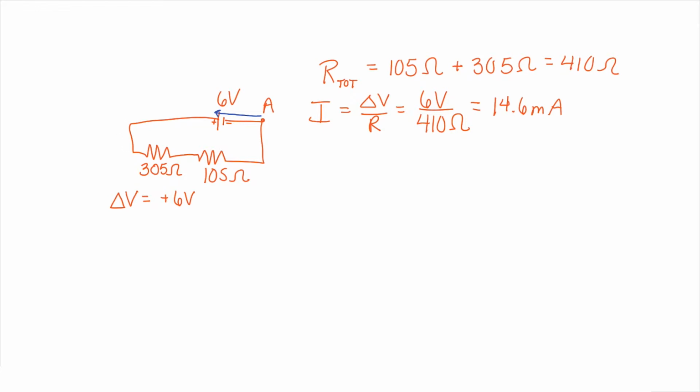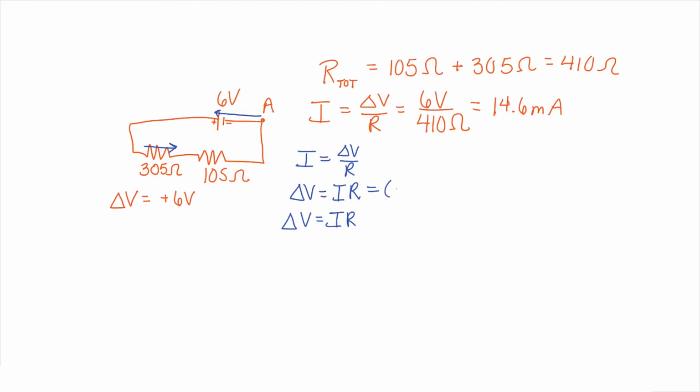And then as we continue, we're going to go across this resistor. When we go from the negative to the positive terminal of the battery, that's an increase of potential. So we get a potential difference of positive 6 volts. When we go across the resistor, we're going to lose potential. Let's calculate how much we'll lose using Ohm's law.